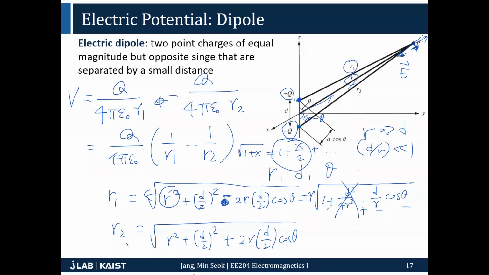So if you do that for this equation, then this is R times (1 minus D over 2R cosine theta), right? And if you do the same thing for R2, you have a different sign, right?